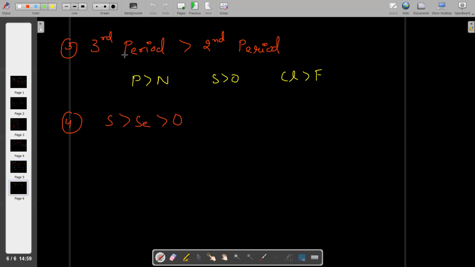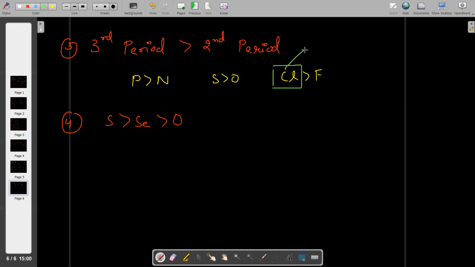Next exception is of the third period and second period. As we know, by the general trend, from top to bottom electron affinity must decrease, so the second period must have more electron affinity than the third period. But in reality, the third period will have more electron affinity. And that's why phosphorus will have more electron affinity than nitrogen, sulfur will have more than oxygen, and chlorine will have more than fluorine.